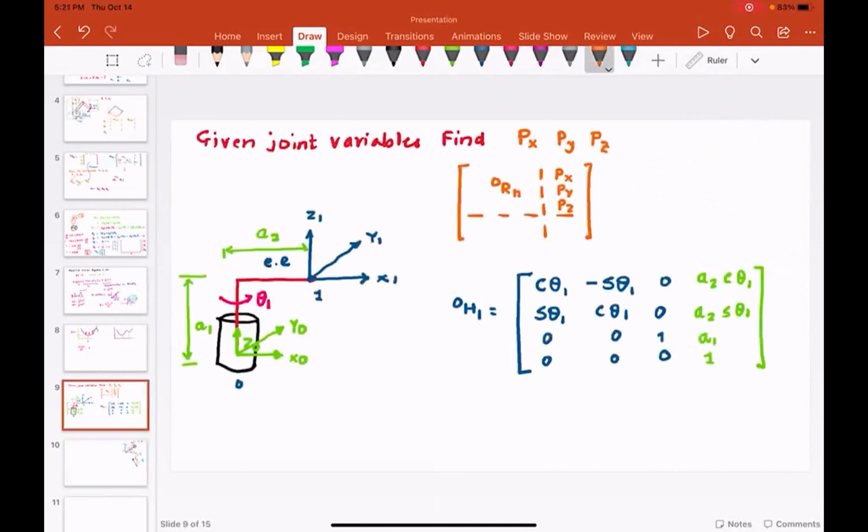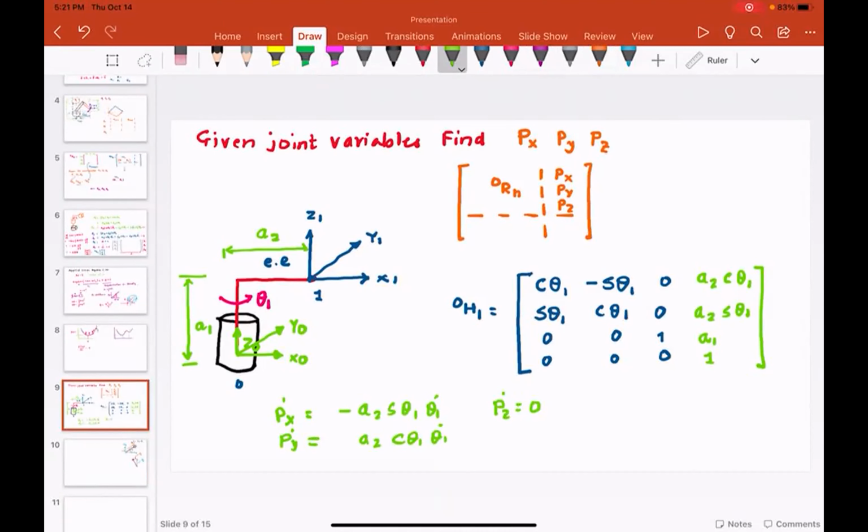That's why, when you look at the equations that we derived, px dot was minus a2 sine theta 1 dot, py dot was a2 cosine theta 1 dot, and pz dot was equal to 0.